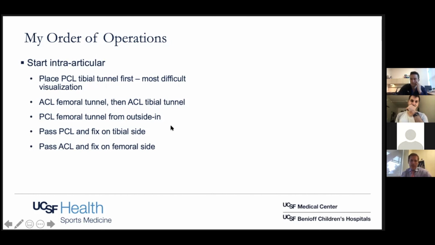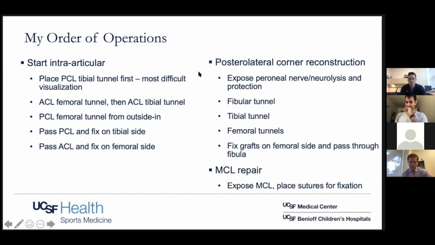Then I'll pass the PCL and fix on the tibial side, and then pass the ACL and fix on the femoral side. So we have them fixed on one side, and then can move towards the rest of the knee. Then I'll go to the posterolateral corner next. First step will be exposing the peroneal nerve, any neurolysis, and then protecting that.